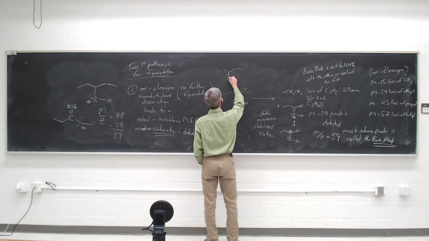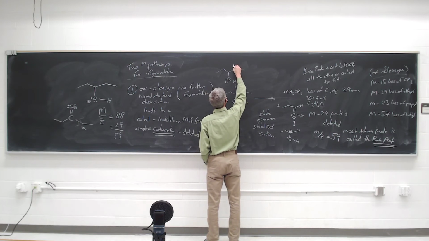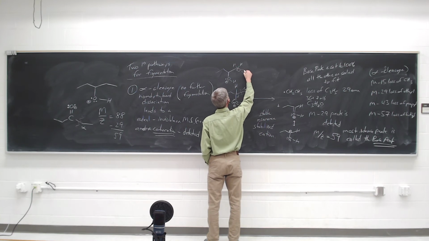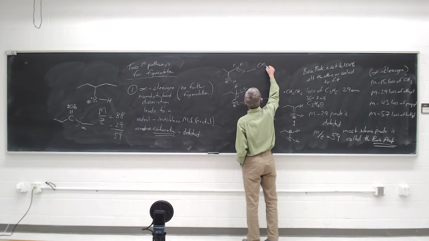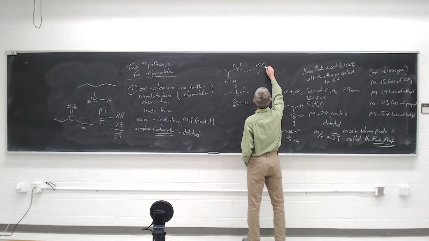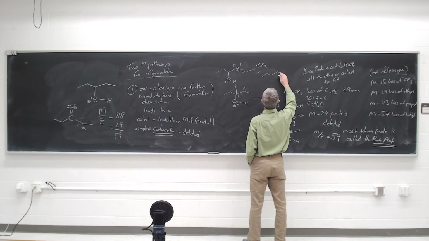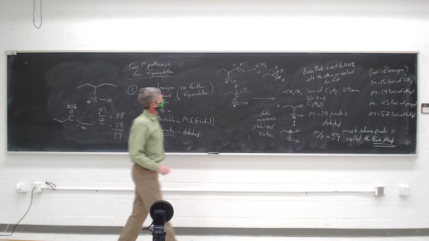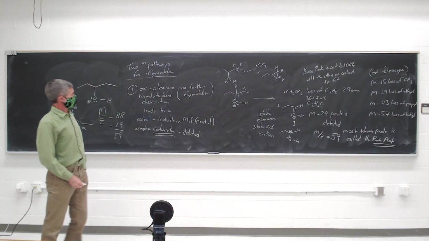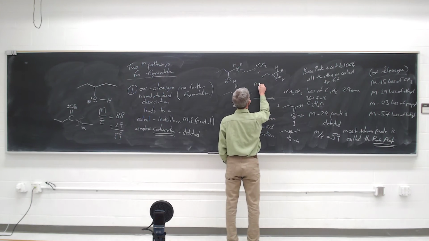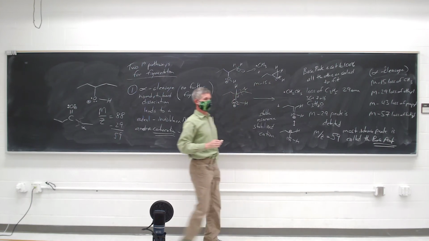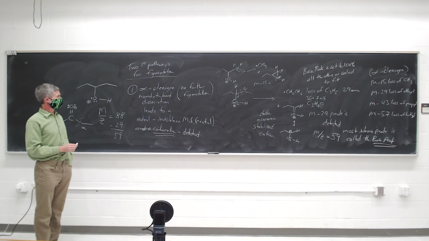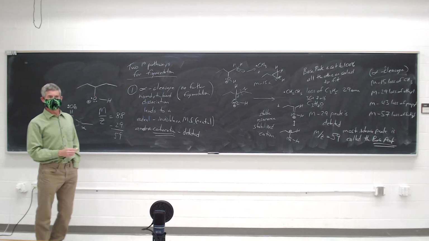If we do see an M-15 peak, we can certainly explain why: by cleaving this bond, spitting out a CH3 radical, and generating a cation that looks like this. That would be an M-15 peak. So where would that be? 73.